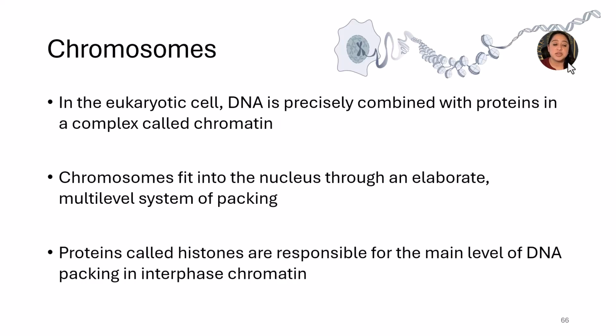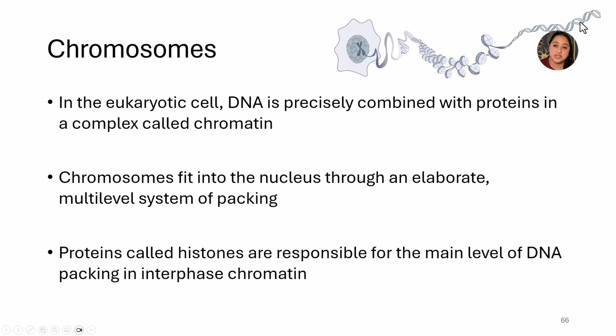And so in the eukaryotic cell, DNA is precisely combined with proteins into a complex called chromatin. So the DNA wraps around these proteins called histones. And so the DNA plus proteins equals chromatin. And then chromosomes fit into the nucleus through an elaborate multi-level system of packing.